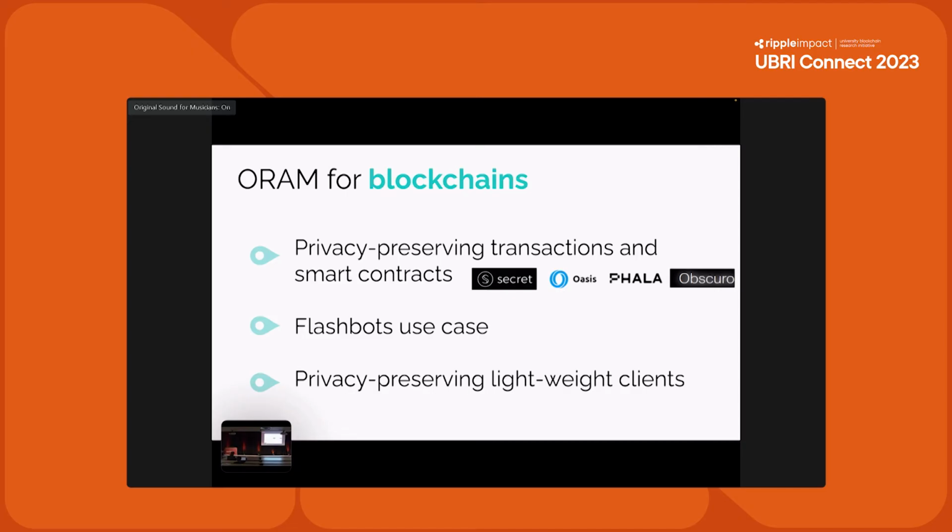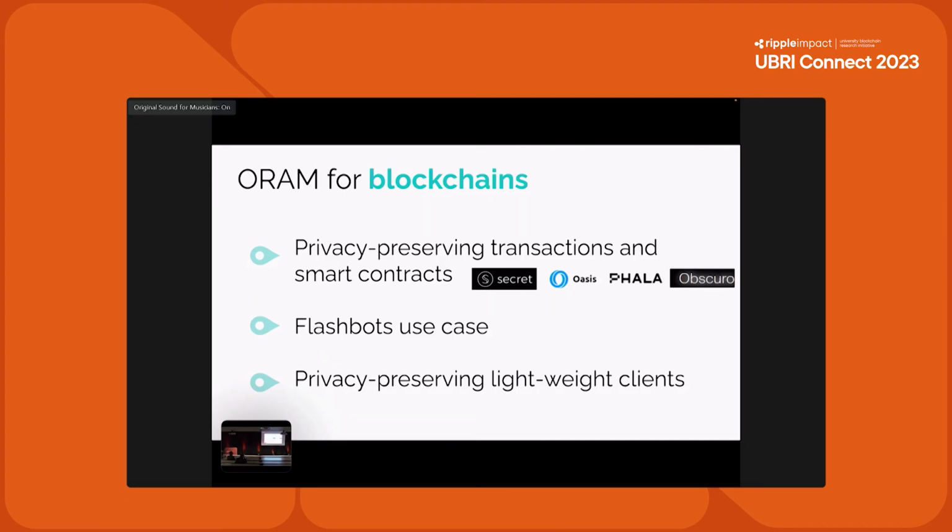Companies like Flashbots are very interested in Oblivious RAM too. Because as you may be aware, layer 1 is becoming more centralized. And there are these big players like Flashbots, and they're selling favorable positions in the block to both users and arbitrageurs. They want to provide their customers the assurance that they are not front running and back running their transactions, because companies like Flashbots are in a very good position to potentially front run and back run their customers' transactions.